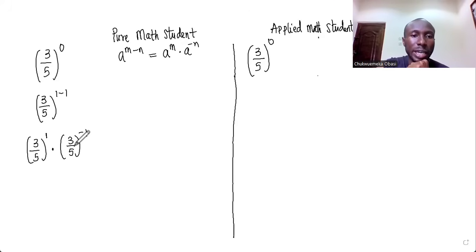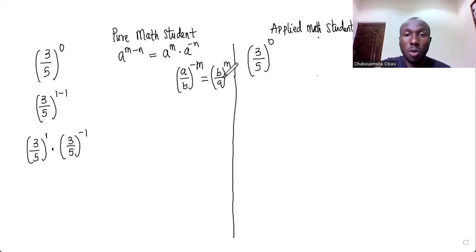Perfect. Then again, if you have a rational expression with a negative power, you can get rid of the negative power by inverting the fraction, so (b/a) to the power n. If you really want to get rid of the negative sign on the power, you just invert it. So for this one, (3/5) to the power 1 is the same as 3/5.